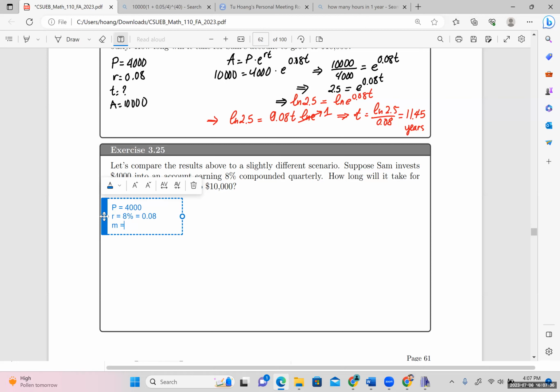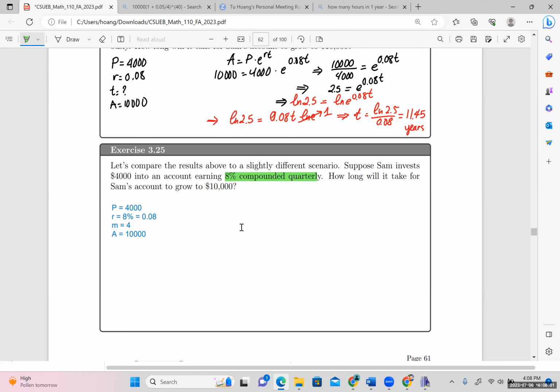So what that means, m equal to 4, and the future amount is 10,000. So you must use the formula of compound interest for this one, right?